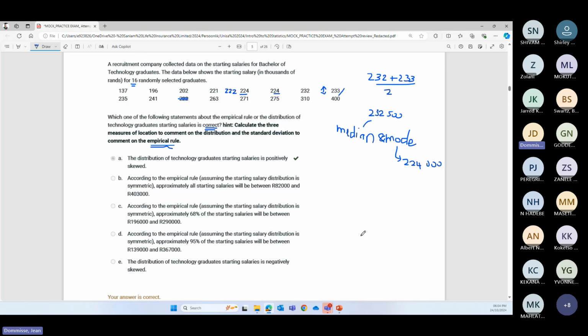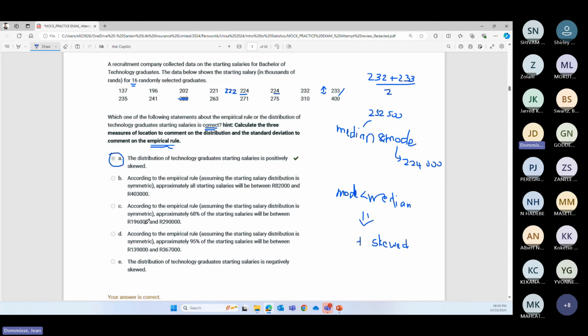So if your mode is smaller than your median, then it is positively skewed. We don't even need to work out the mean because that we know now already. The mode is smaller than your median. So that means it is positively skewed. Okay, so then already we can say that is going to be the answer.